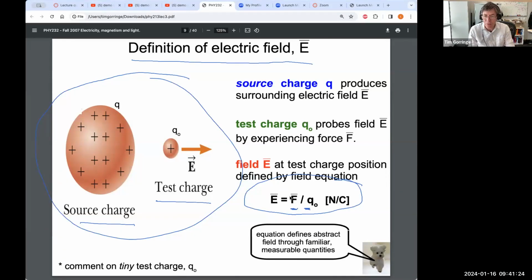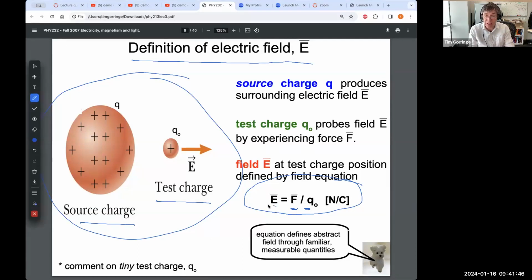That ratio, now these are familiar quantities. These are everyday measurable quantities. The force on the test charge, we can measure that force. The charge of the test charge, we can measure that charge. And if we take the ratio of them, that tells us the field that was carrying that force from the source charge to the test charge.